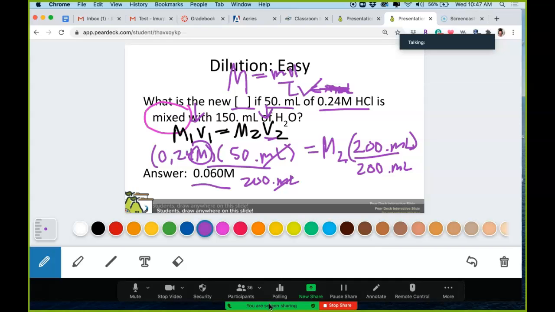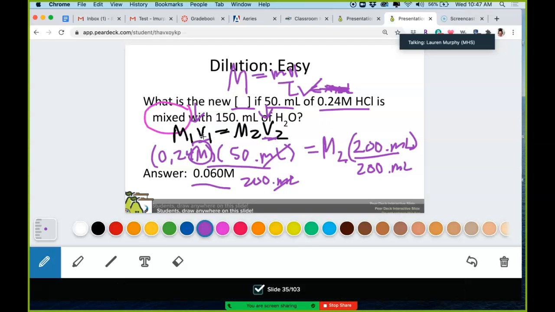Because it's multiplying and there's milliliters on both sides of the equation. Perfect. So the volumes are on both sides, so the milliliters can be canceled. There's only volume right here in the molarity equation, so there's no way to use milliliters in there because there's no other milliliters to cancel like there is in the M1V1 = M2V2.